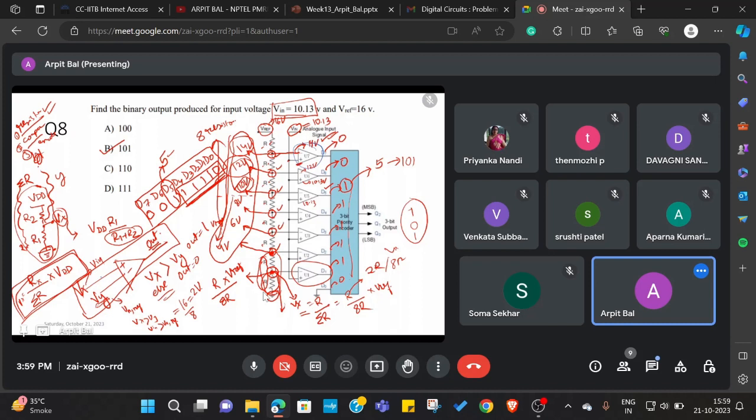Okay, so using that basic logic of the comparators, the first thing that you need to do is figure out what the comparator voltages are. Okay, you have Vref given to you. Okay, you know the number of resistors that are present here. So you find out the comparator node voltages.